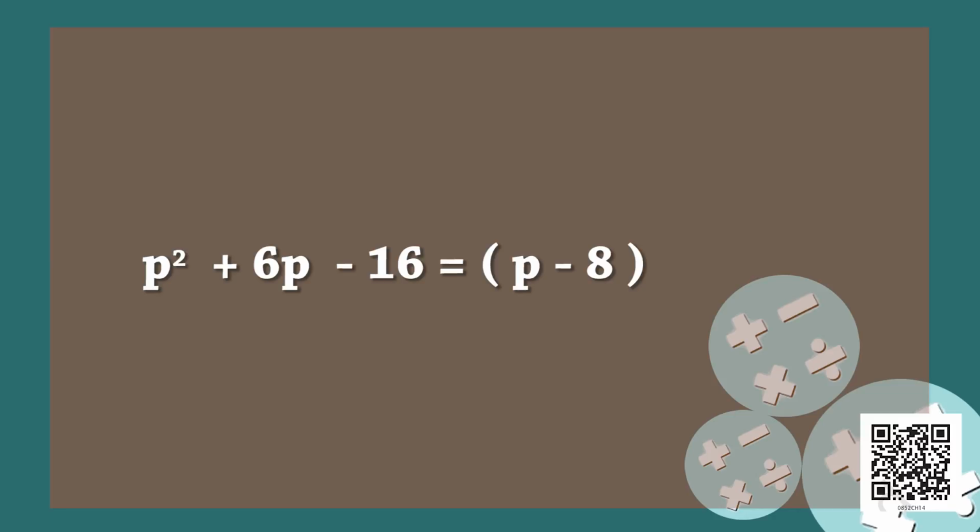Hence, the factorized form of the given algebraic expression is p square plus 6p minus 16 is equal to p minus 8 into p plus 2. Thus, the required factors are p minus 8 and p plus 2. I hope by observing these examples, you will get an idea how to factorize such type of algebraic expressions.